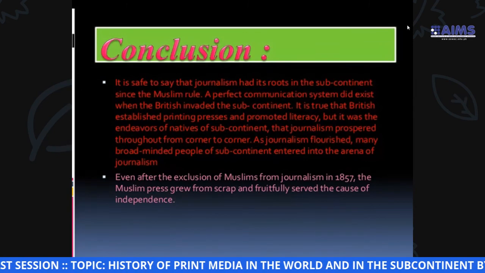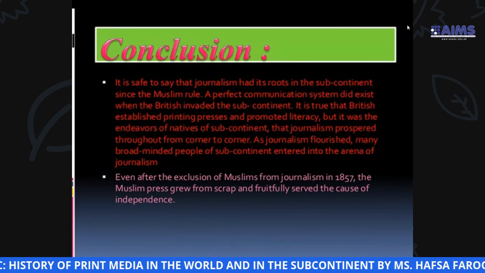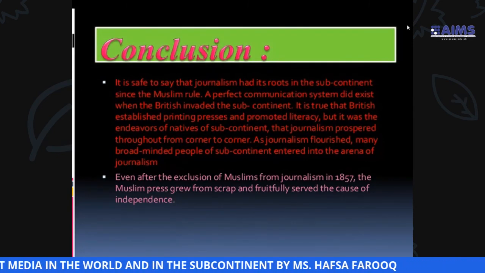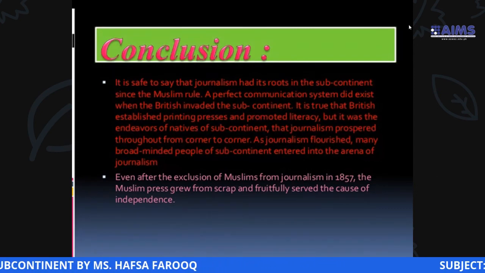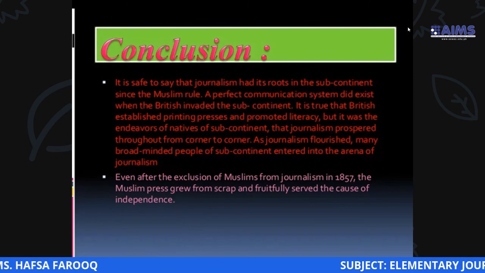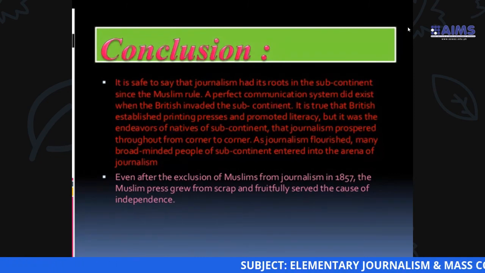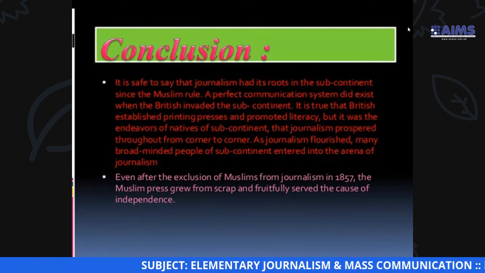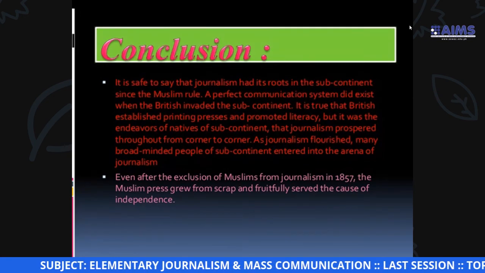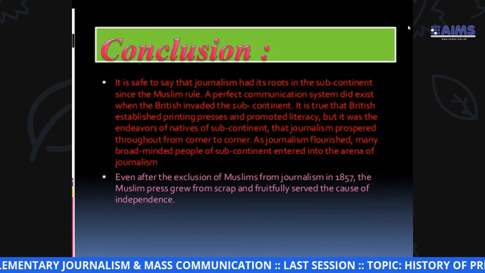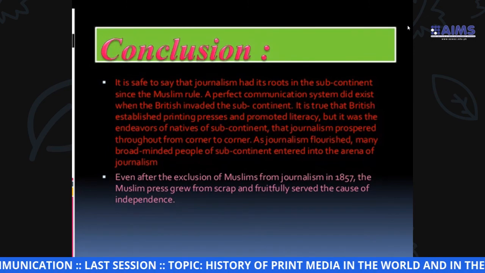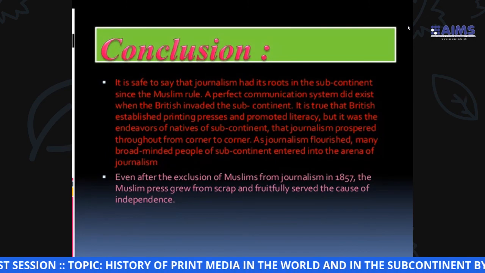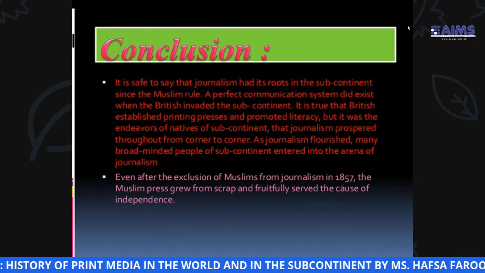So, the conclusion of this topic is that it is safe to say that journalism had its roots in the subcontinent since Muslim rule. A perfect communication system did exist when the British invaded the subcontinent. It is true that the British established printing presses and promoted literacy, but it was the endeavor of natives of the subcontinent that journalism prospered from corner to corner.